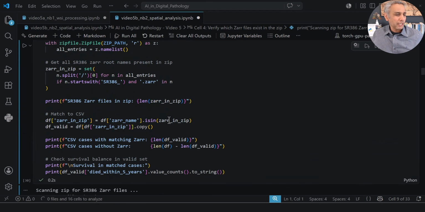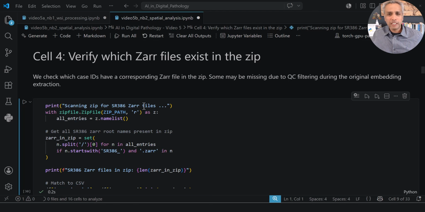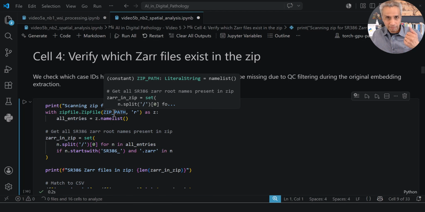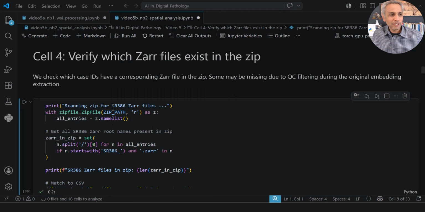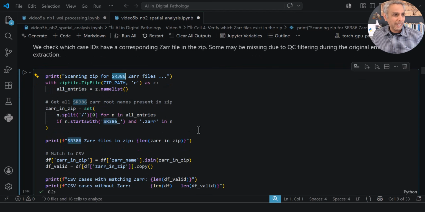And by the way, this zip file actually comes with not just SR386, but also another dataset. That's why we are going through this zip file and extracting everything that has SR386 in its name, and getting all the SR386 Zarr root names.